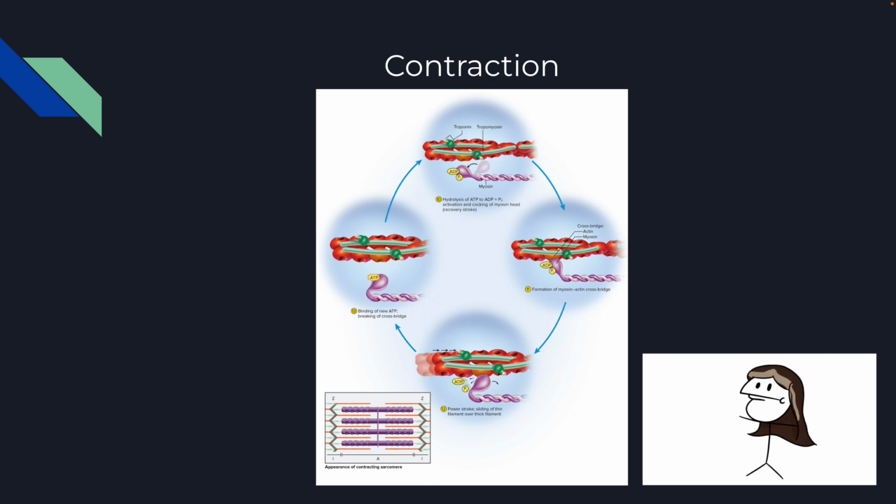Once the myosin releases the ADP and phosphate, it ceases the extended position and pulls the thin filament down with it. This is referred to as a power stroke. Once a new ATP is introduced, the head will release the actin, breaking the cross bridge. This is called the recovery stroke, preparing the head for another power stroke further down the thin filament.